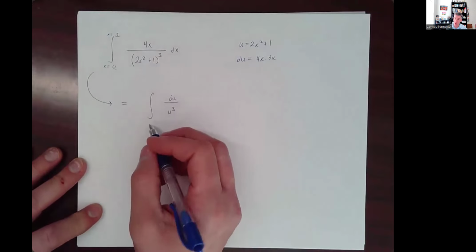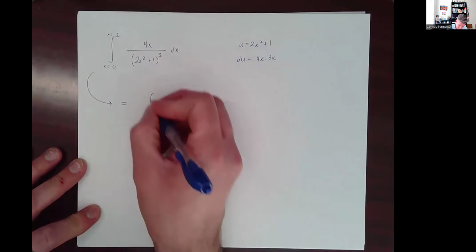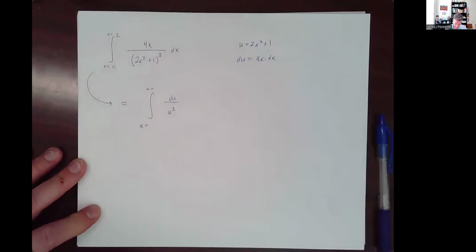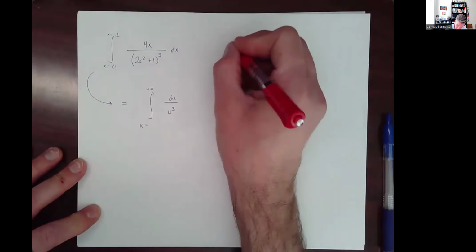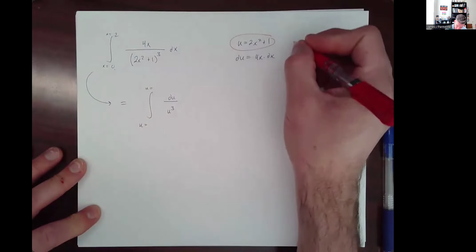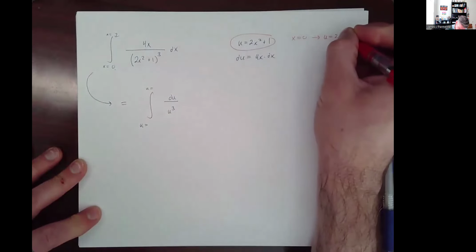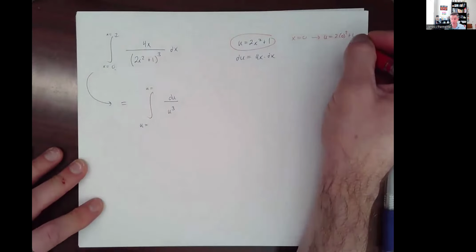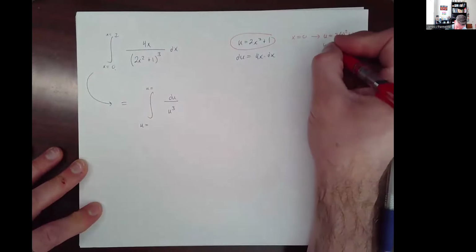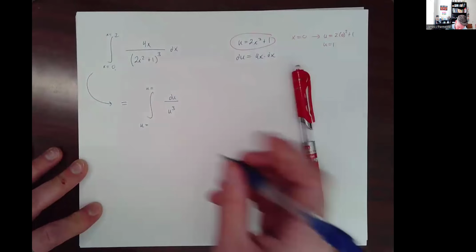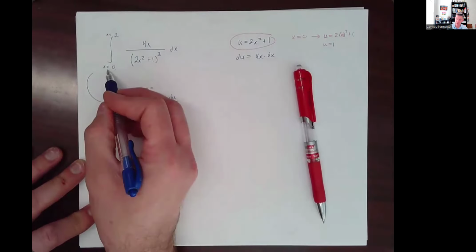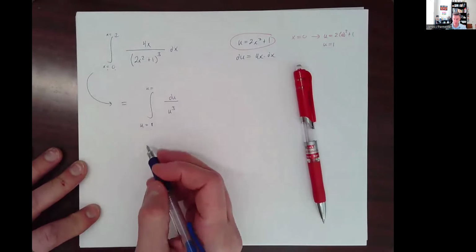And my new u limits of integration: if x equals 0, I get u equal to 2 times 0 squared plus 1, just plugging in the value of x. So I get u equal to 1, and since x equals 0 is on the bottom, u equals 1 is on the bottom.